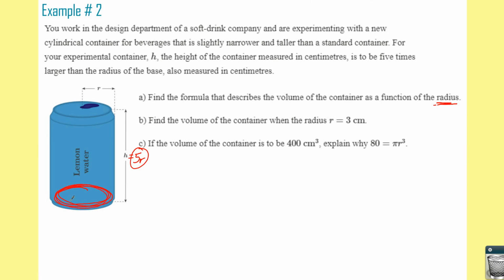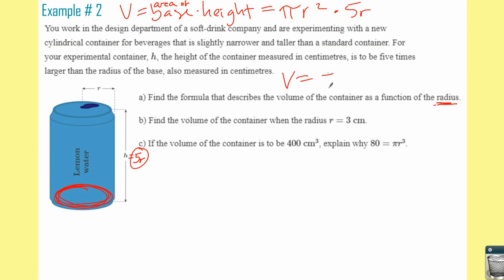It's a cylinder, but that's a circle base. So our area of the base is going to be pi r squared, and our height is 5r. So our formula for the volume is 5 pi r cubed.